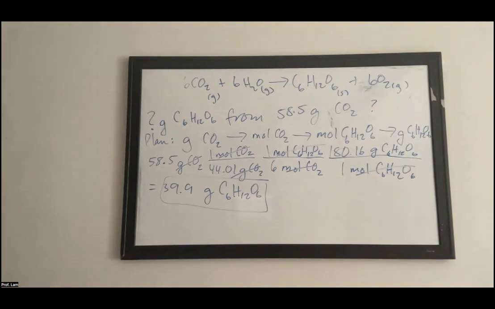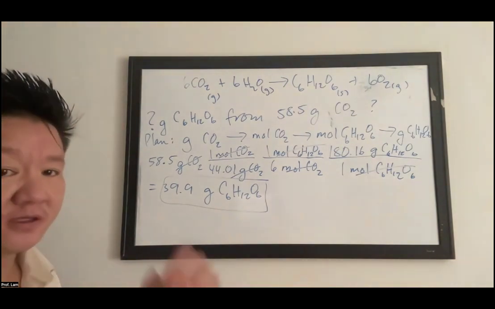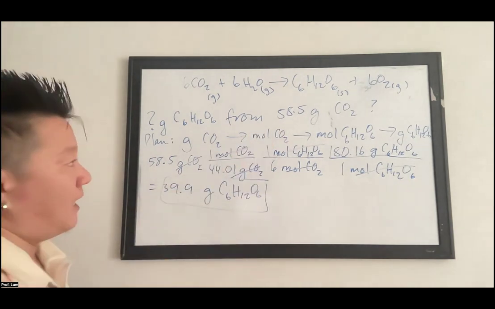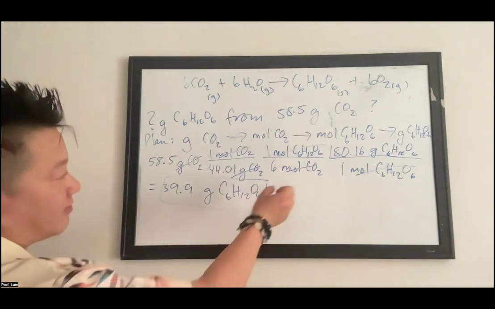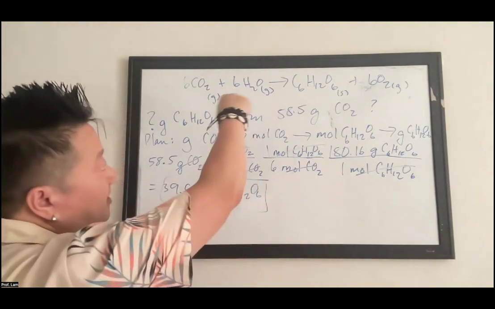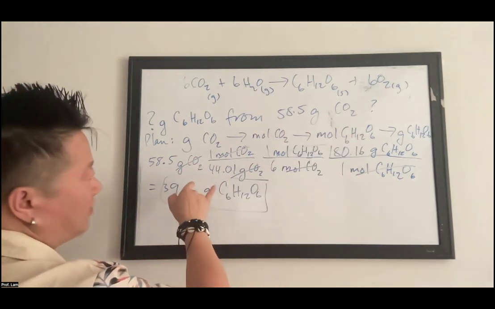Okay. All right, so let's recap here, right? Write a plan first using your roadmap, and then you execute with the numbers. What you notice is the mole to mole ratio comes in the middle, right? You get to mole first. The mole to mole ratio is from the balanced equation, and it comes in the middle. And then on both sides, you need the molar mass, right?